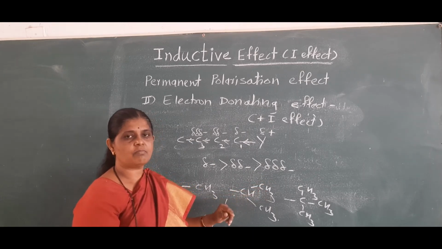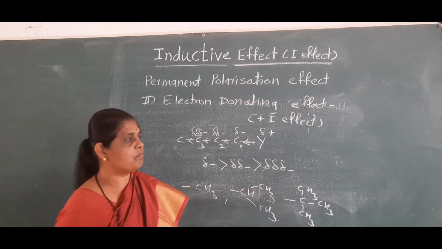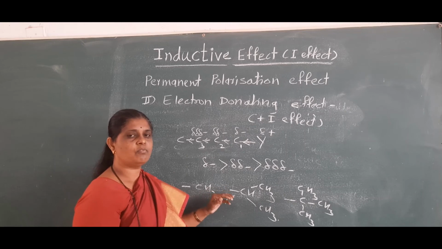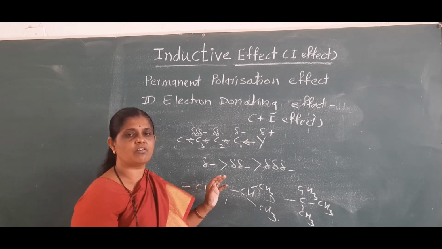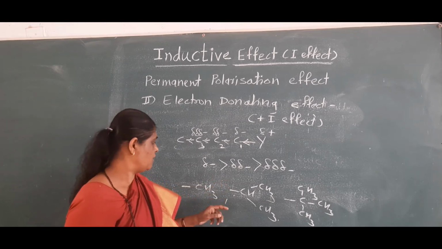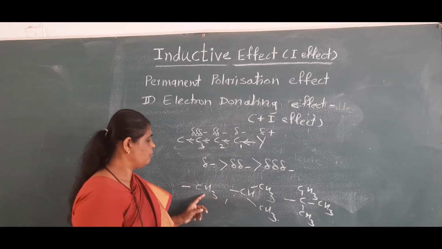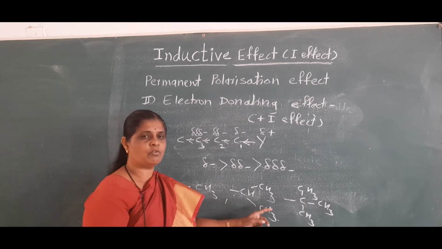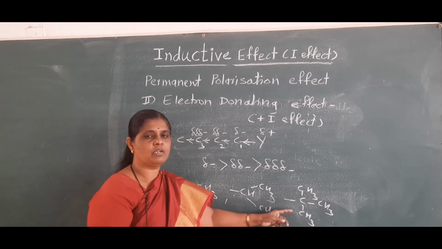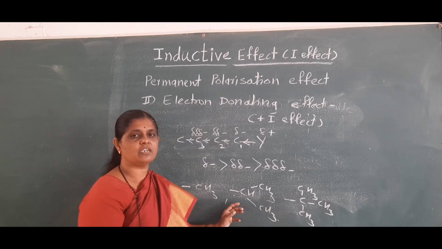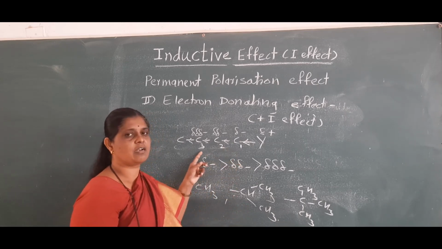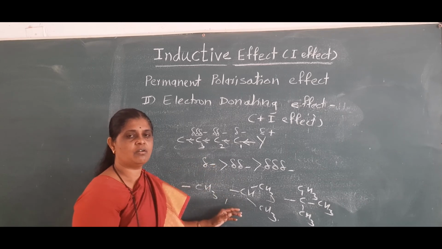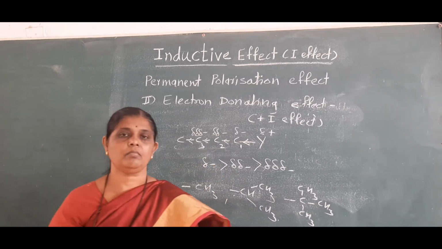Thus, in case of electron donating inductive effect, the atom or group which donates the electron density to the carbon system shows electron donating inductive effect. Groups like methyl group, isopropyl group or tertiary butyl group have the tendency to donate electron density towards the carbon chain and they show plus I effect.